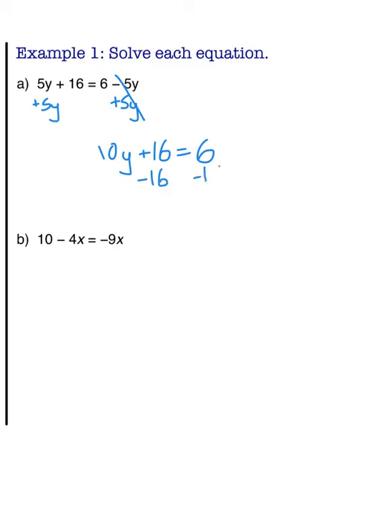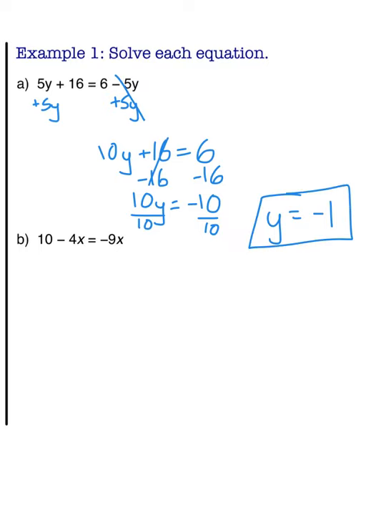So I'm going to subtract 16 from both sides. Those cancel out. I have 10y equals 6 minus 16 is negative 10. Now I divide by 10 to get the y by itself. And I have y equals negative 1.